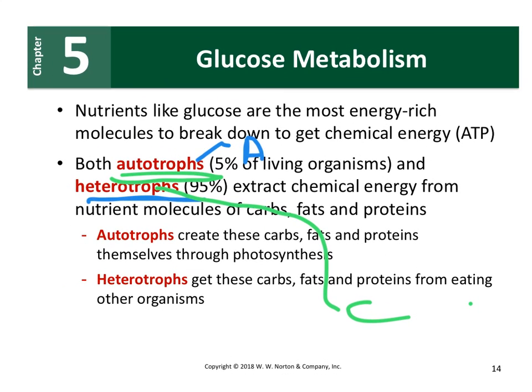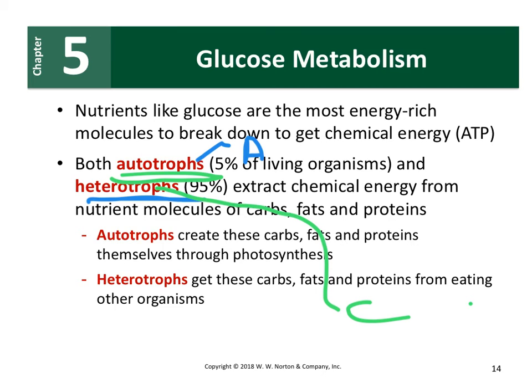Okay. So, in terms of glucose metabolism, some organisms are able to make glucose. There are some bacteria called cyanobacteria that are actually the basis of chloroplasts in algae and in plants that can take sunlight and carbon from CO2 and water and turn it into glucose, which is a higher energy molecule.